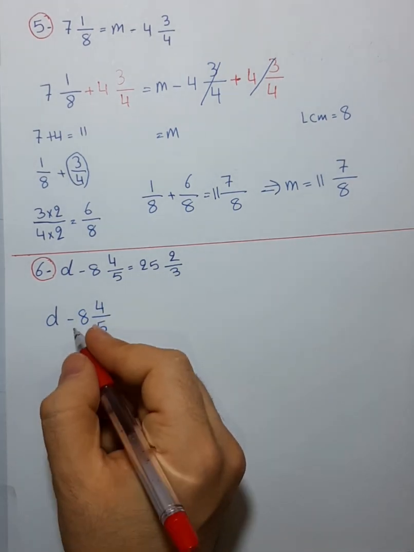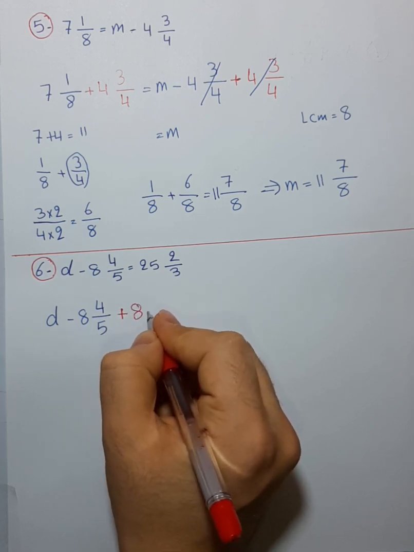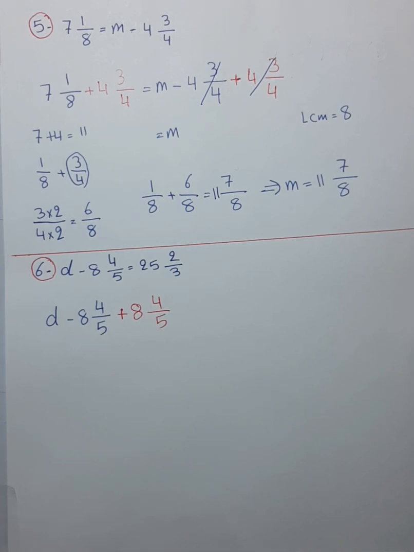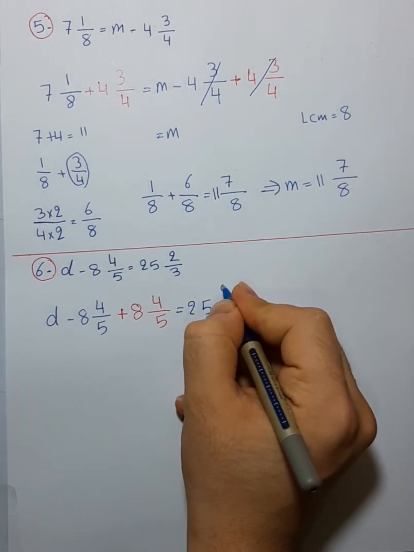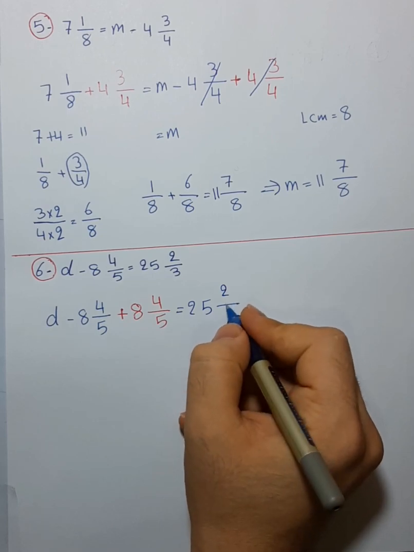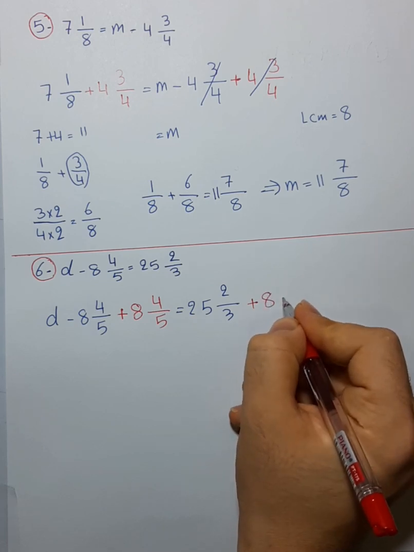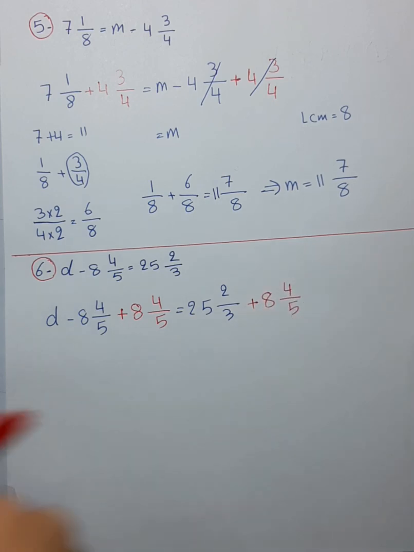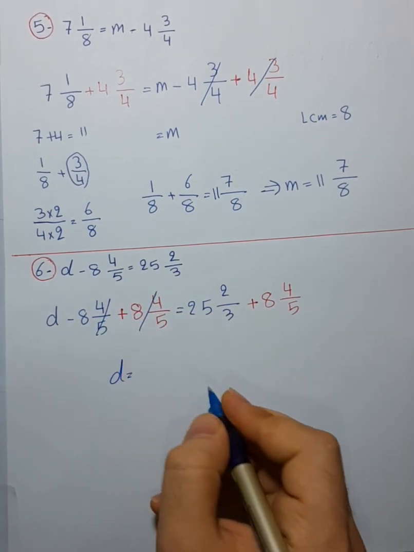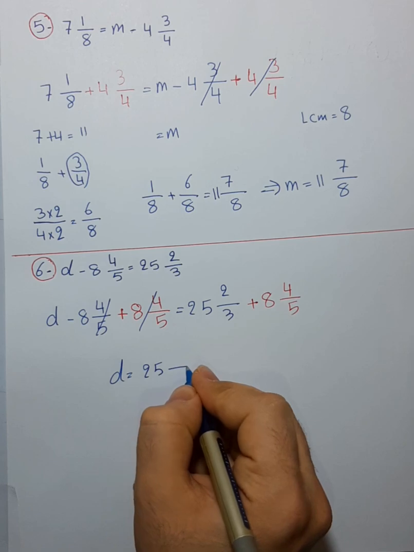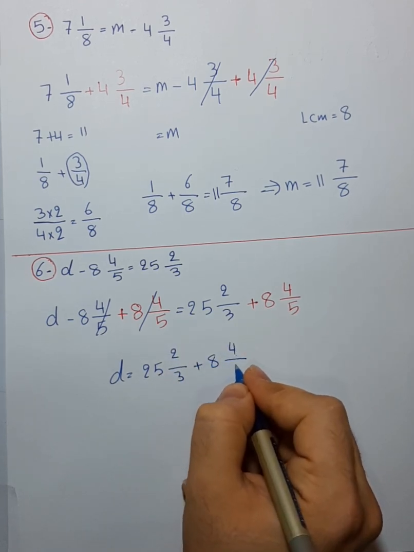The inverse of minus 8 and 4 out of 5 is positive 8 and 4 out of 5, equal to 25 and 2 out of 3 plus 8 and 4 out of 5. These two mixed numbers equal to 0. d equal to 25 and 2 out of 3 plus 8 and 4 out of 5.